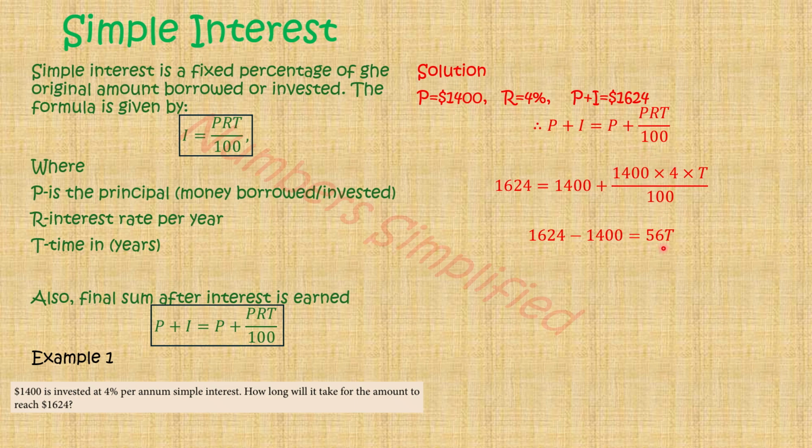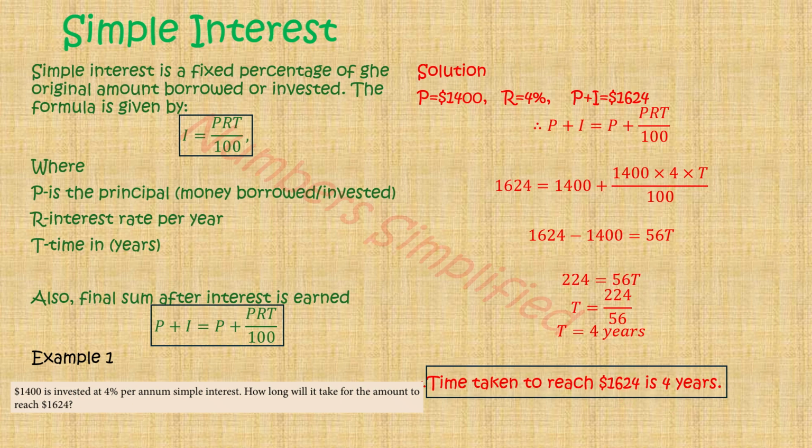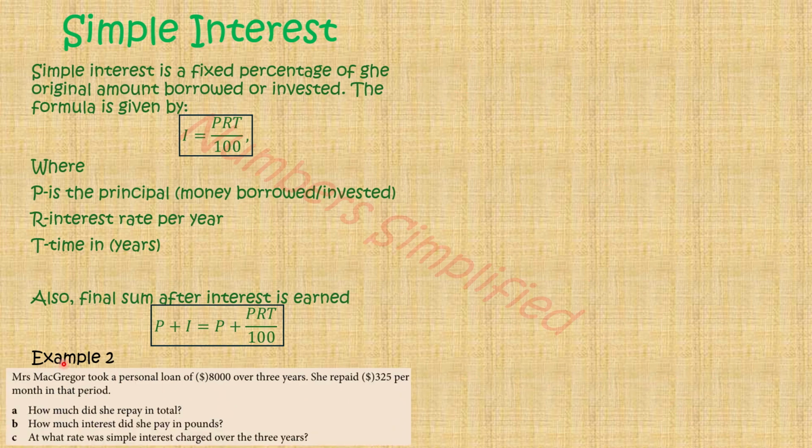And after that, we are going to get 224 on the left-hand side. Then the next step would be to divide throughout by 56 so that we get the value of T, implying that T is 4 years. Therefore, the time taken to reach $1,624 is 4 years.